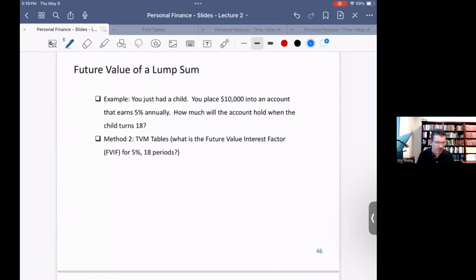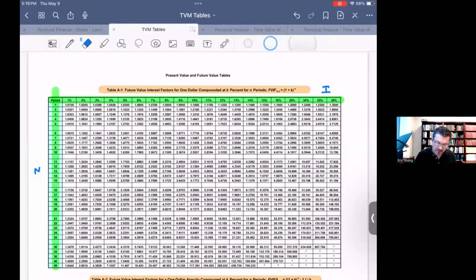Let's see if we can get the same numbers the other way, on the TVM table. Remember, we're looking at an N of 18 years and an I of 5%. Let's go to our tables. Now we're searching for the future value, so you know that we're going to use table A1, the future value of a lump sum.